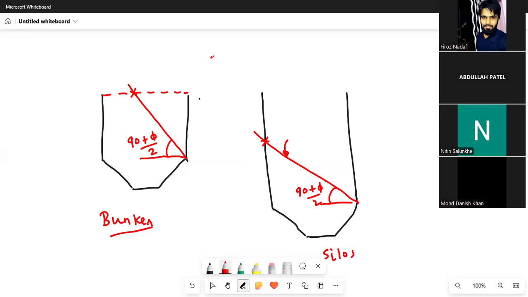I will tell you. Phi is the angle of friction between the material stored and the concrete.